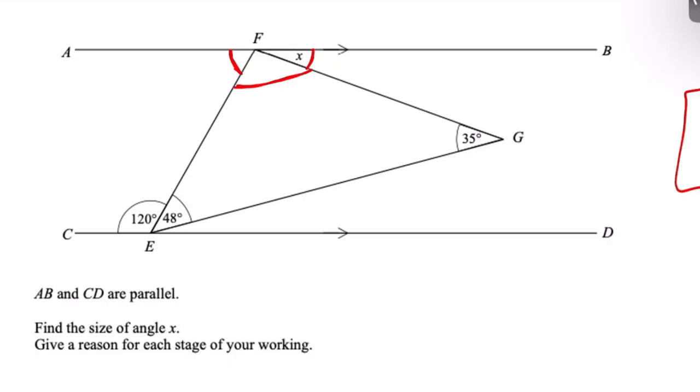And then we can use the fact that angles on a straight line add up to 180 degrees. If we can work out all the angles lying on that straight line, we can then work out what angle X is going to be.